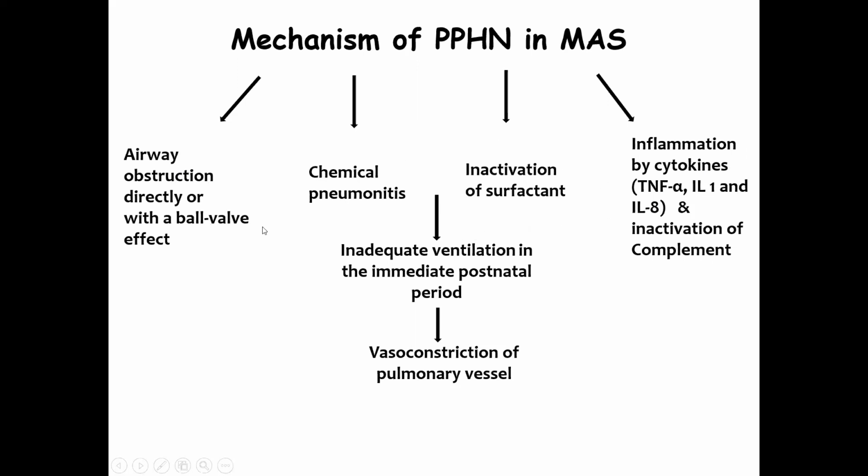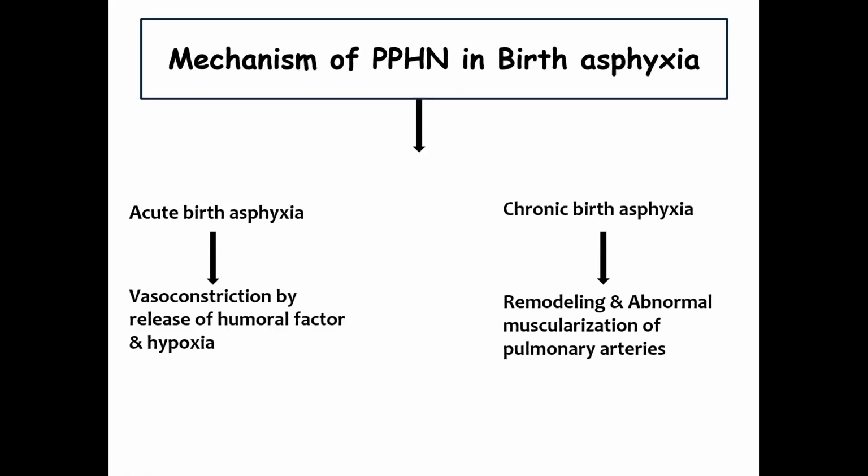All these mechanisms, obstruction, chemical pneumonitis, inflammation, surfactant inactivation, and cytokine storm, result in inadequate ventilation in the immediate postnatal phase, impaired VQ match or VQ mismatch, leading to pulmonary vasoconstriction, leading to PPHN.